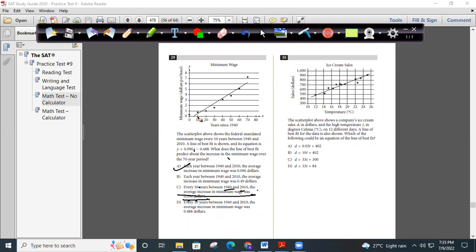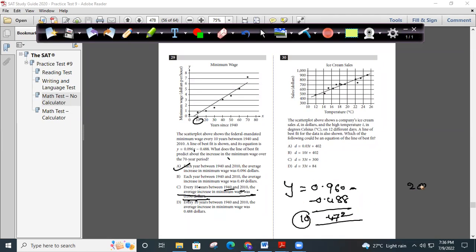So now take x as 10. If you take x as 10, you get y as 0.960 minus 0.488, which gives 0.472. After 10 years, the salary is $0.472.